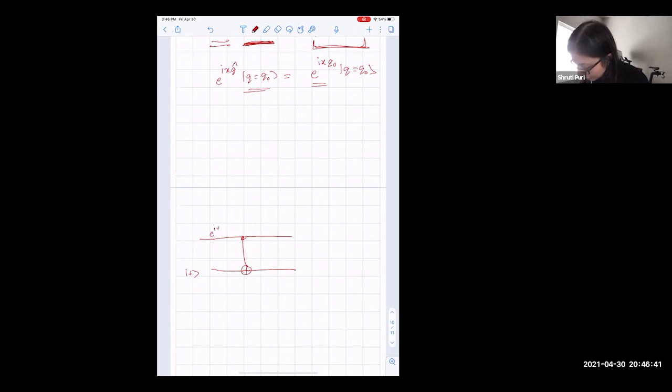So if you had this guy here, then this will get transferred to e to the i u squared of 2p here, again because of the commutation relationships. And now again, you measure the ancilla. This time you do a homodyne measurement of the Q quadrature of the ancilla. And depending on how far away it was from a multiple of 2 square root of pi, there was an error or not, and then you can go back and fix it.